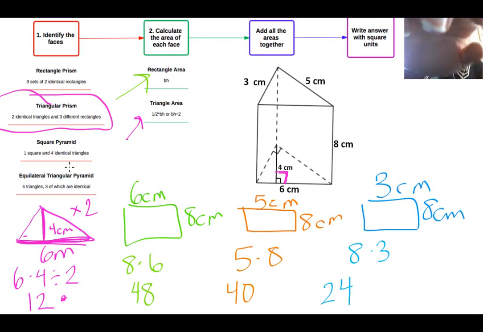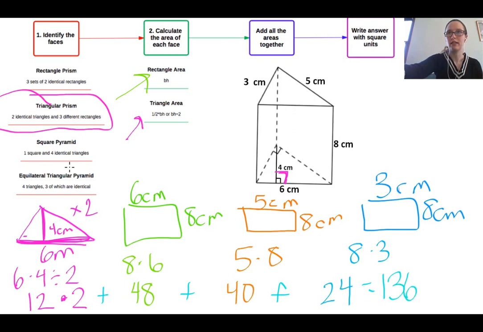I know that there's 2 triangles, so I'm going to multiply 12 by 2. There's only 1 green, 1 orange, and 1 blue, so I'm going to add all of these together. So 12 times 2 plus 48 plus 40 plus 24 is 136, and my units are centimeters squared.